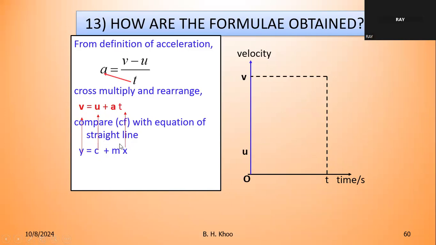A is our gradient. T is our variable, which is our x. Then we can draw the line as a straight line. Right? It must be able to interpret initial starting point, final velocity, and time t. So acceleration is the gradient of the velocity-time graph.